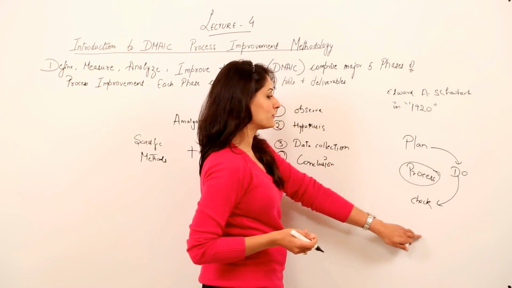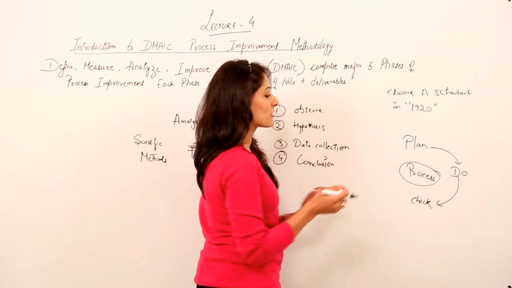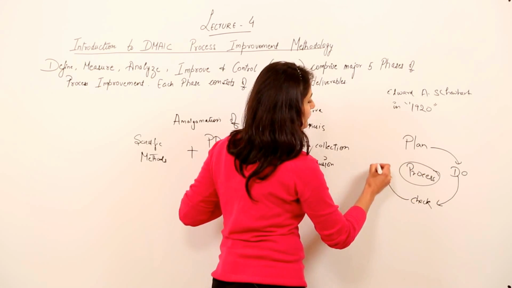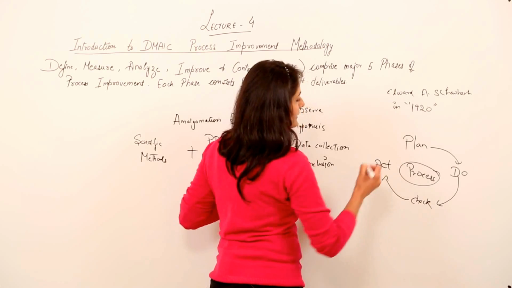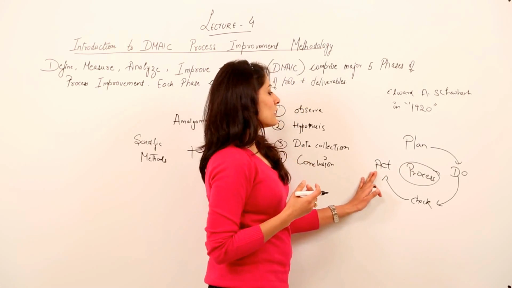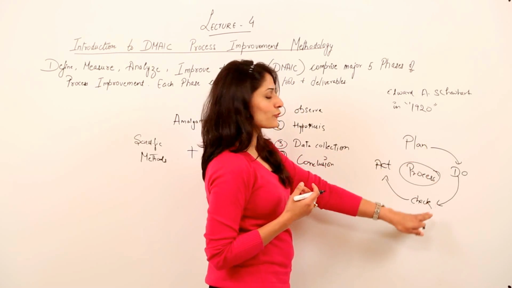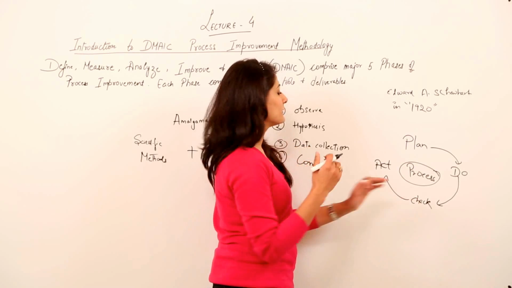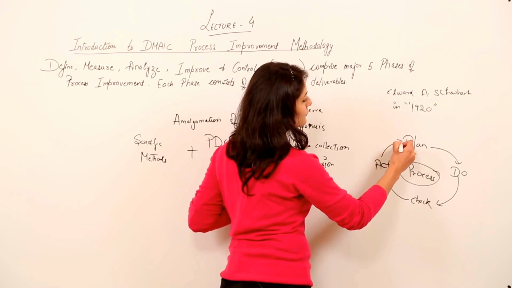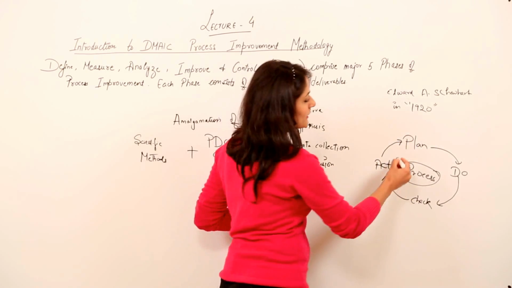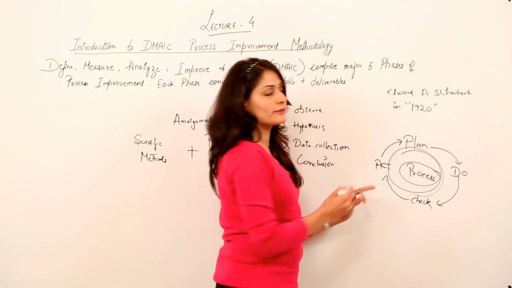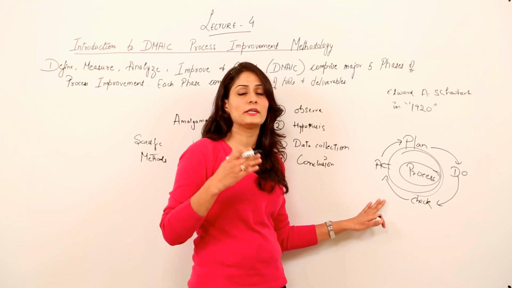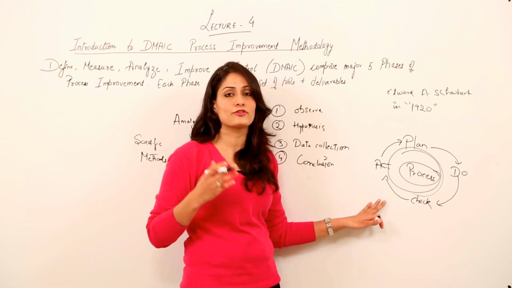Here we check if what we have planned or implemented has worked or not. Then finally we act. Here we see whether what we planned and what we have achieved is equal or not. If not, then we again continue with this cycle. This cycle goes on and on and on. That's why it's called the continuous quality improvement cycle, because it never stops.